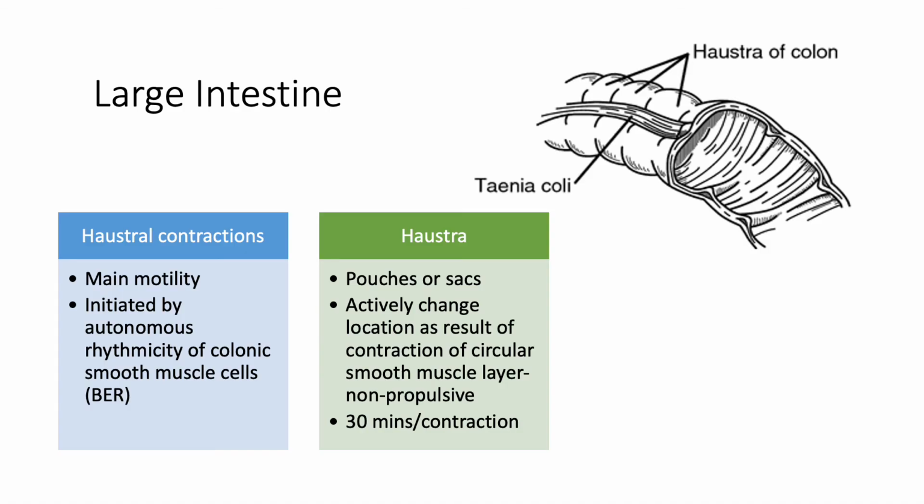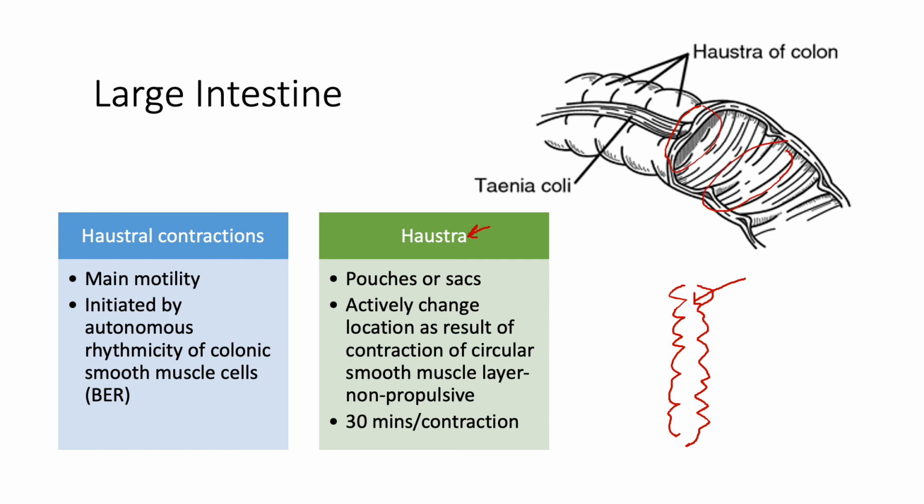If you've ever drawn the large intestine, or intestines in general, you tend to draw them like this, right? With these sacs or pouches. Well, unknowingly, you are drawing haustra. And those are the pouches or sacs that occur within the colon. And they occur because we have these rings of smooth muscle.